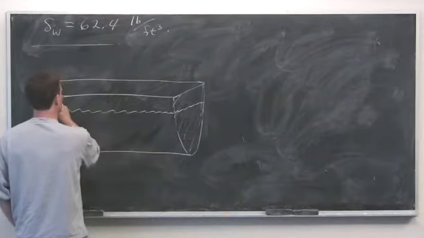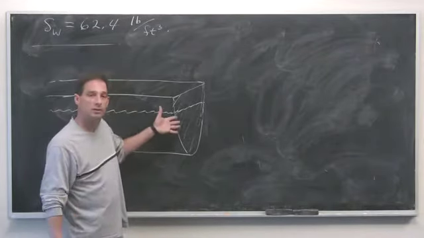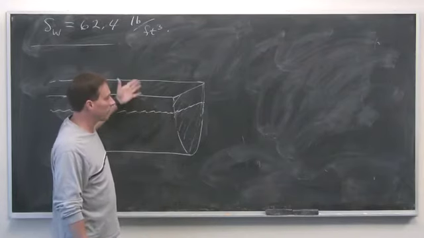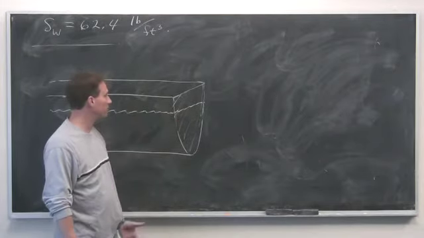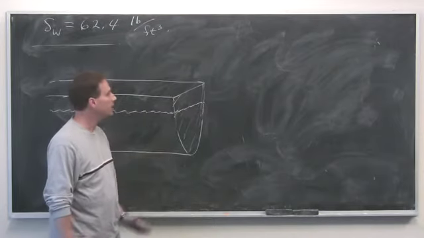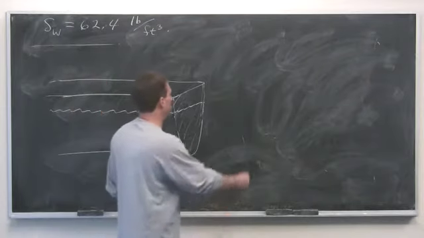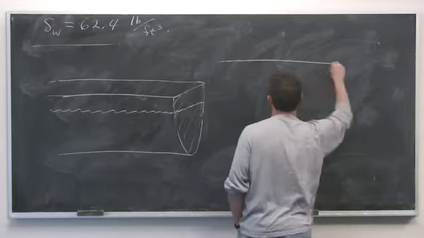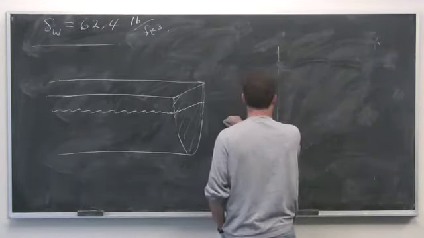And our question is, how much force due to the hydrostatic pressure is this side of the swimming pool or this dam experiencing from the water pushing on it in that direction? So that's our question. I need to actually give some specific numbers. So let's assume that this is a perfect parabola.